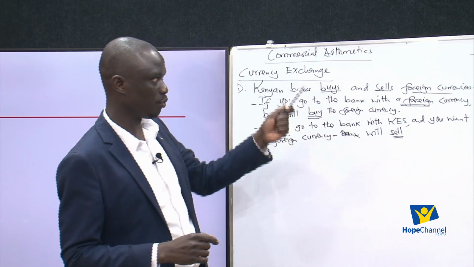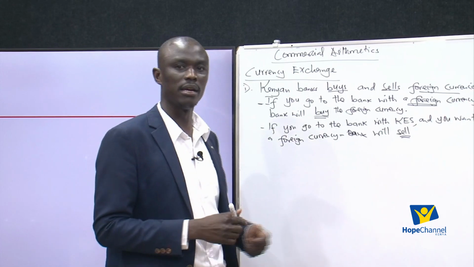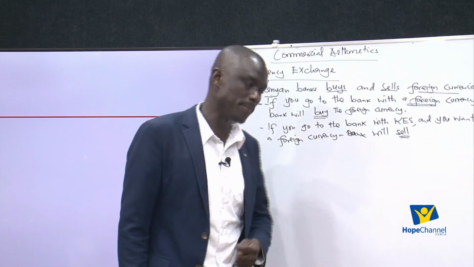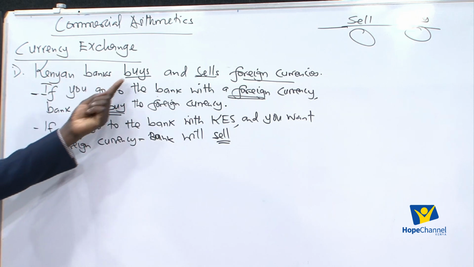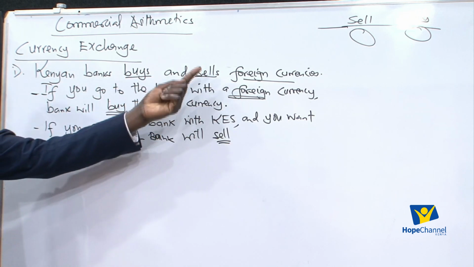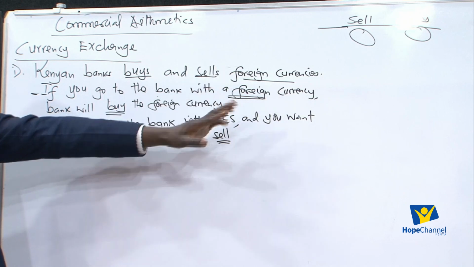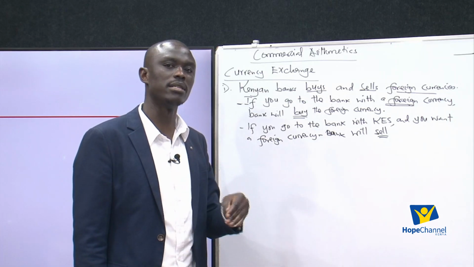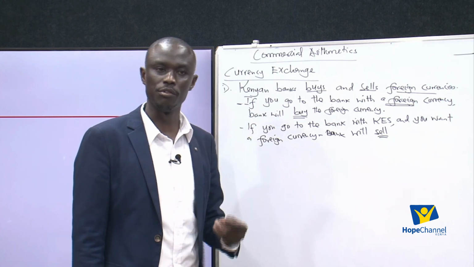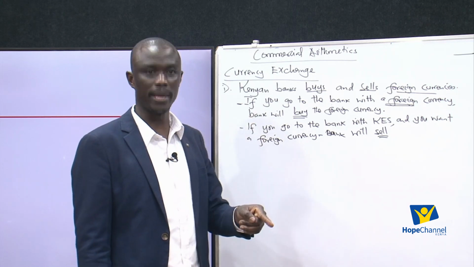That is when we use the column of selling and when we use the column of buying. The Kenyan bank will always buy and sell foreign currency. So when you want the foreign currency, the bank will sell to you. If you have the foreign currency, the bank will buy from you.